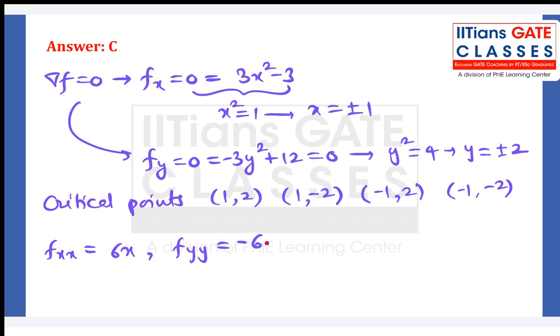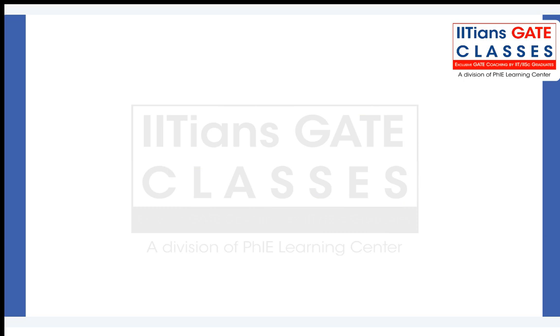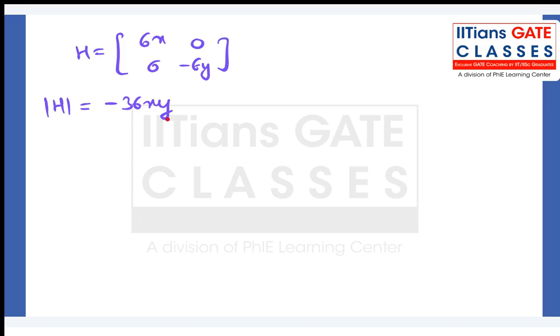Okay, and this fxy or fyx comes out to be 0, because fx is only function of x. So it will be 0. Therefore, your Hessian matrix in this case is nothing but [6x, 0; 0, minus 6y]. Okay, so determinant is nothing but minus 36xy. So this is the only difference as compared to the third problem.